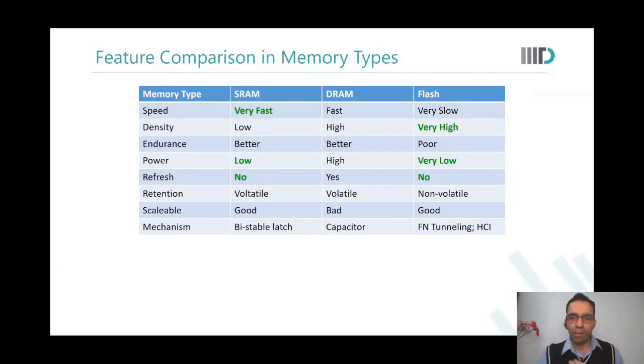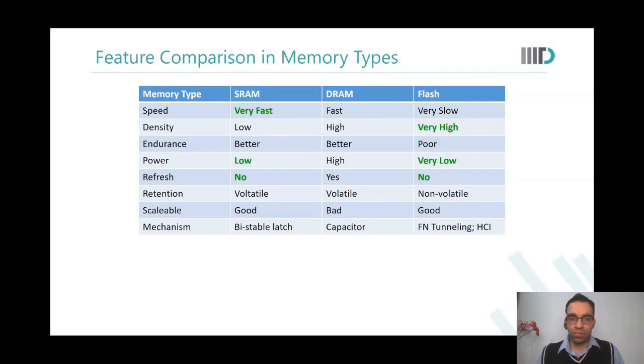Even though we have a capacitor which could leak a little, even then the endurance is very high. But in flash, when we do the course, we will see that we actually use very high voltages, and therefore endurance goes bad. We cannot really do as many reads and writes as you can do in a SRAM.